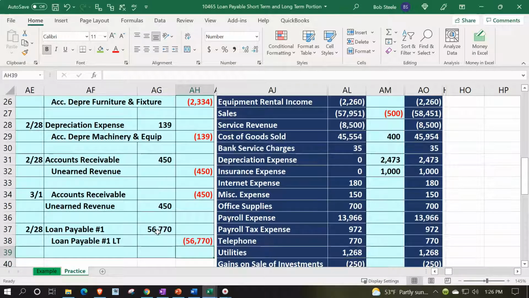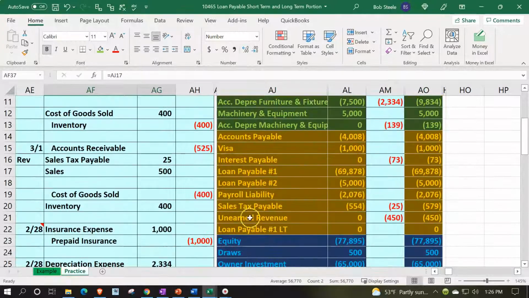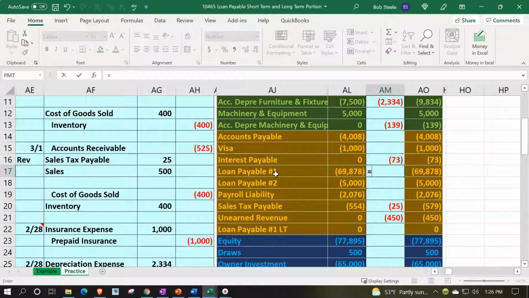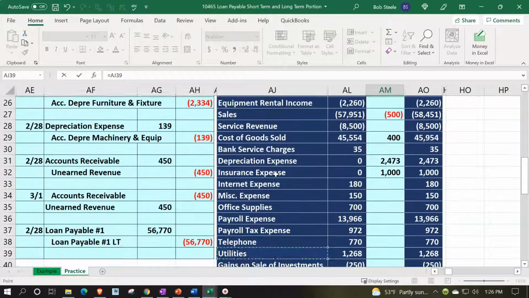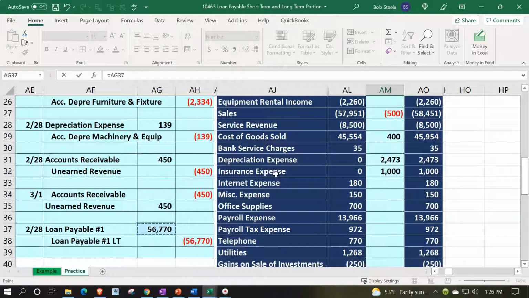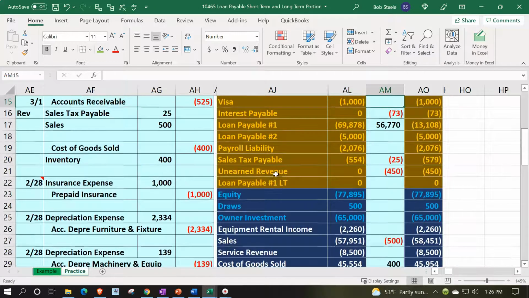Let's post it out and see if it does indeed do the thing that we planned it to do. Let's go up top and see. So we're going to be in cell AM17 equals, scrolling down, picking up the 56,770. That brings the balance down to the 13,108.